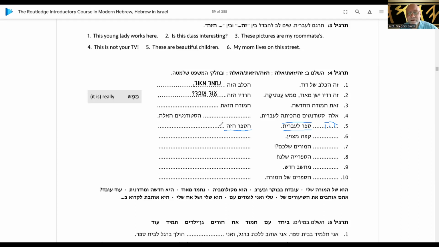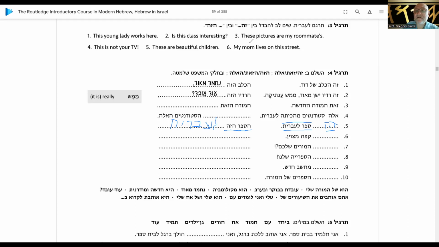How about that? This book is for Hebrew. Because right now we've got Zeh Sefer le'Ivrit.